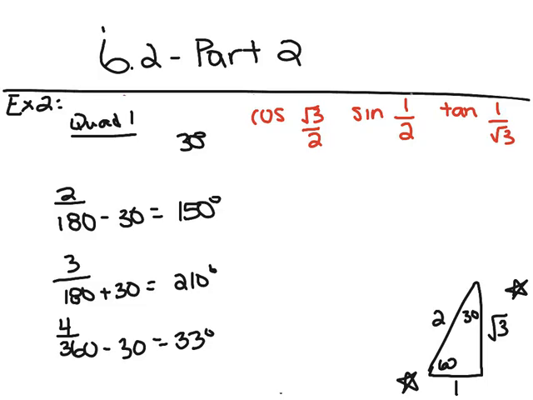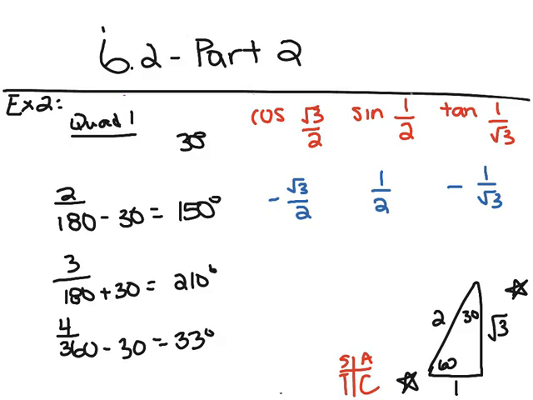Now to find the rest, we remember CAST. So for quadrant 2, the only thing that's going to be positive is our sine. So we have negative root 3 over 2, positive 1/2, and negative 1 over root 3.